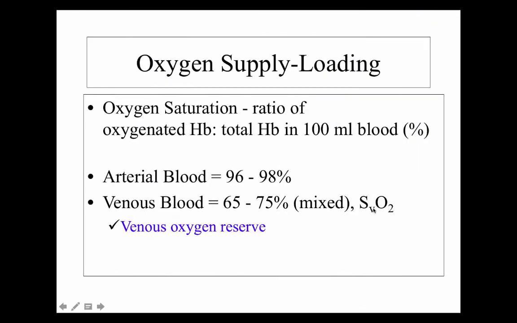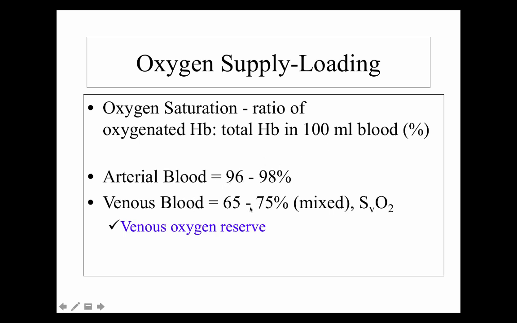So let's look at a couple of normal levels here. Oxygen saturation, again, is the ratio of oxygenated hemoglobin to the total amount of hemoglobin. It's always expressed in percent. Normal levels for arterial blood are somewhere around 96 to 98%.